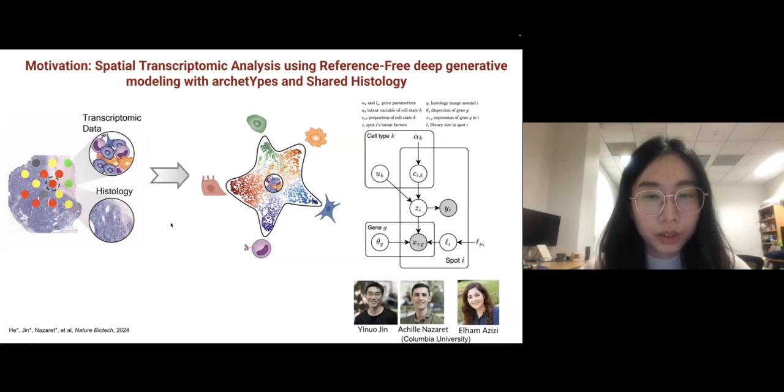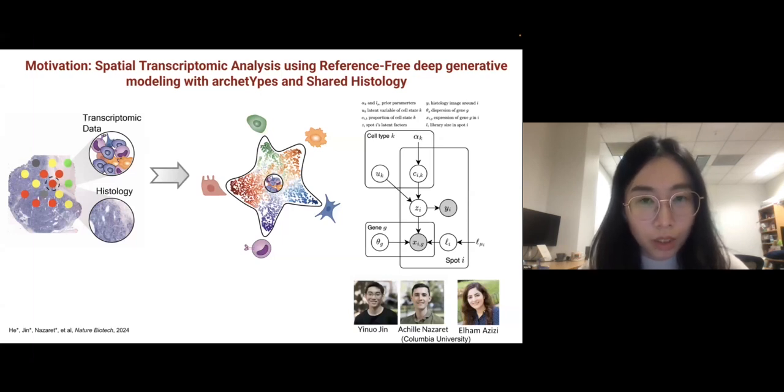So the project, Coral, is motivated by our previous project called Starfish, which is also my PhD work, done in collaboration with two amazing lab mates and our brilliant advisors.